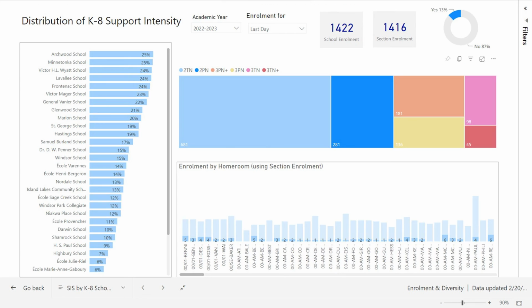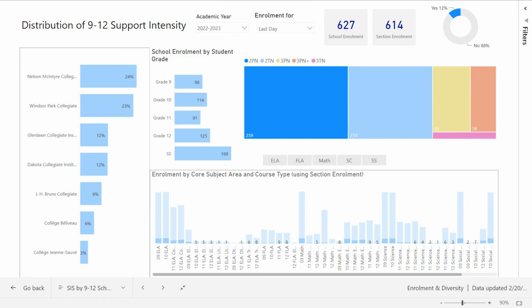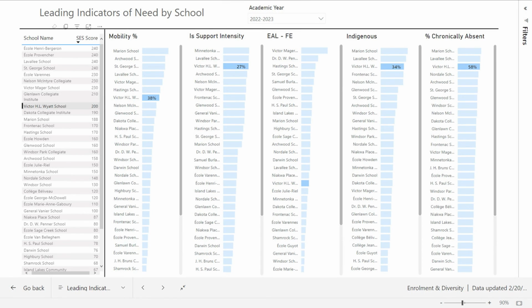And so if I'm showing it all to you right now, its distribution across schools, it is about mapping that information onto other pieces of information. Racialized identity, the number of students that are chronically absent in our schools, the mobility in our schools, the number of students who identify as English as an additional language in our schools, and that very first column to the left, schools rated by socioeconomic status.